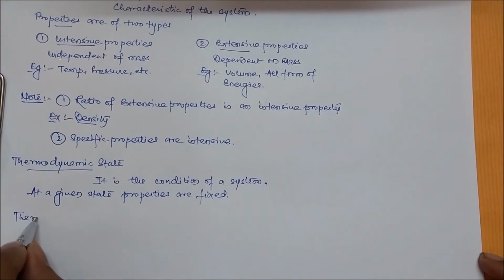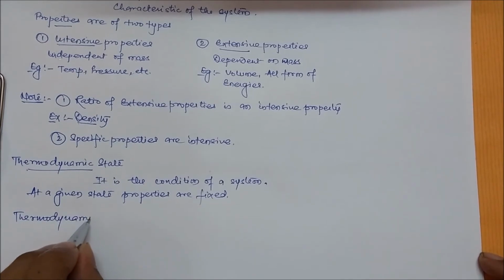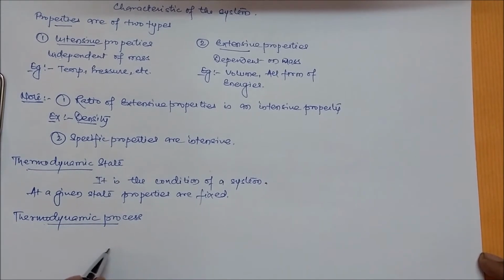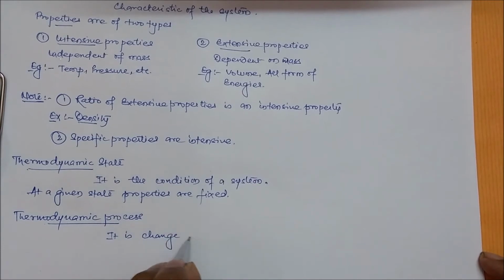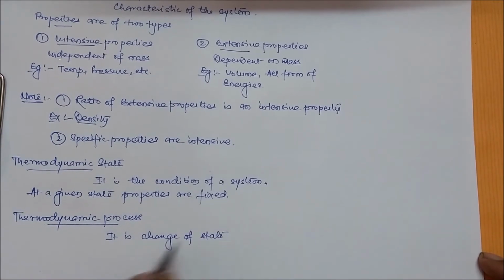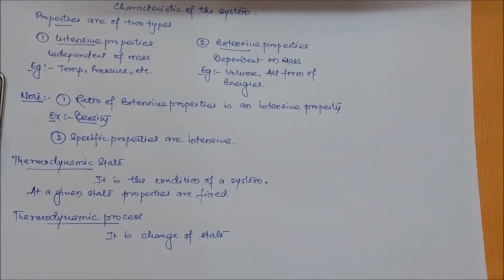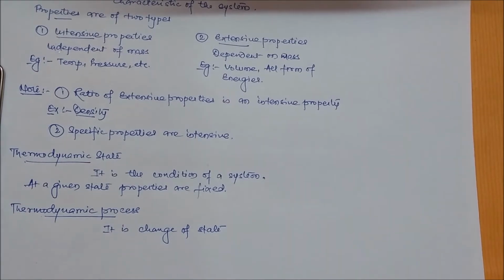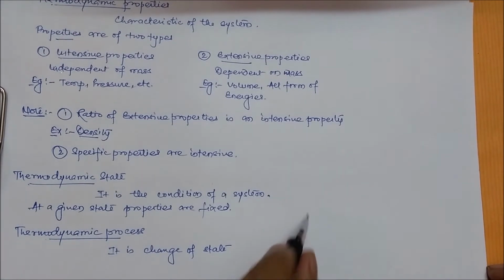Okay, the next point is thermodynamic process. It is change of state. When there is a change of state, we say that the system has gone through a thermodynamic process. Right. Now, there are some points in relation to properties which we have to remember.